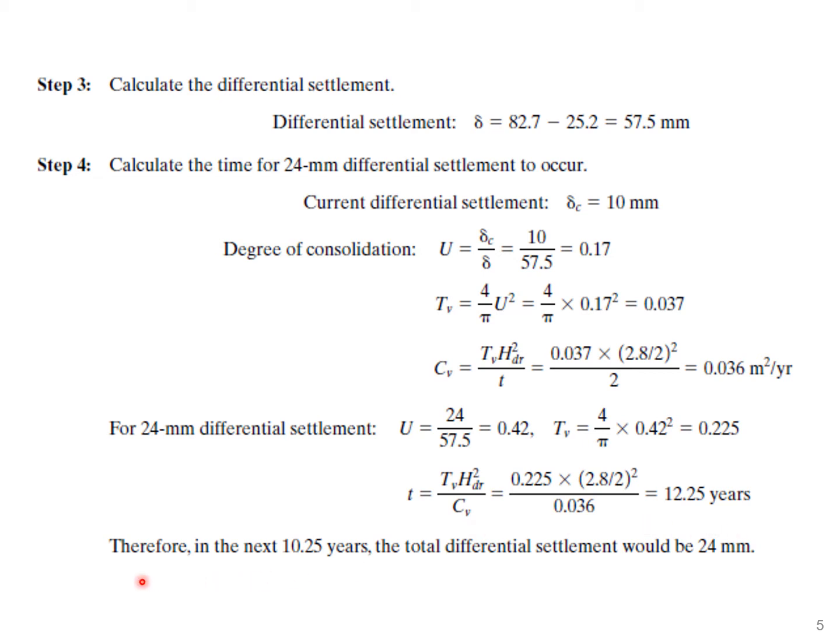So therefore, in the next 10.25 years, because you can see that 2 years have already been spent, so 12.25 minus 2, the total differential settlement would be 24 millimeter.